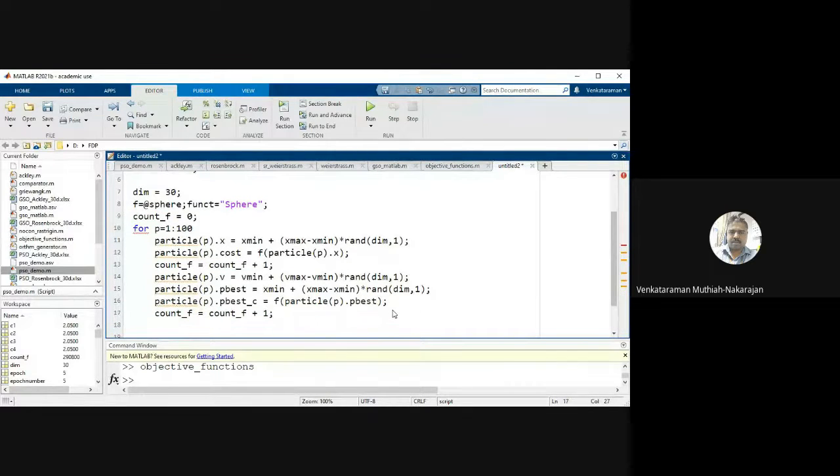So every time I'm calling the subroutine to evaluate the function, I have to keep track of the count, how many times I'm doing it. There is a reason for that, which I will explain later.